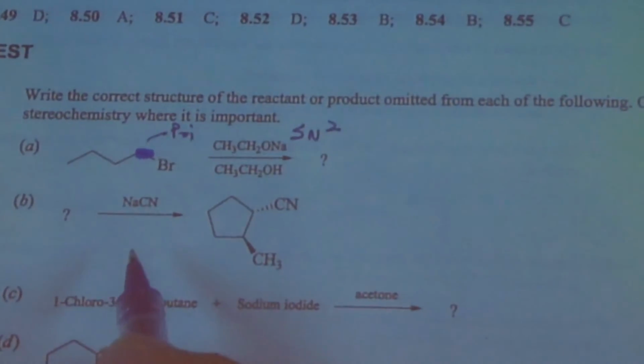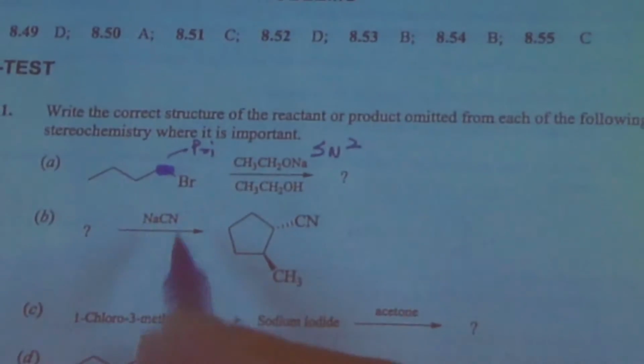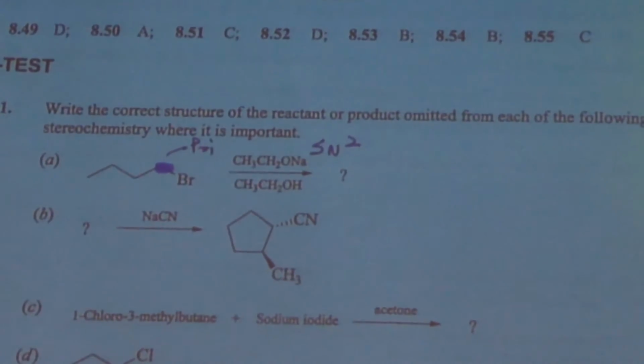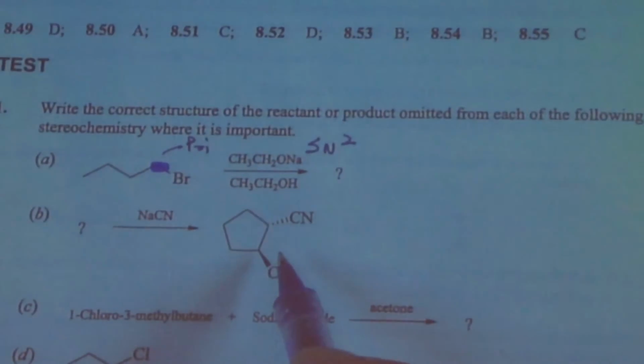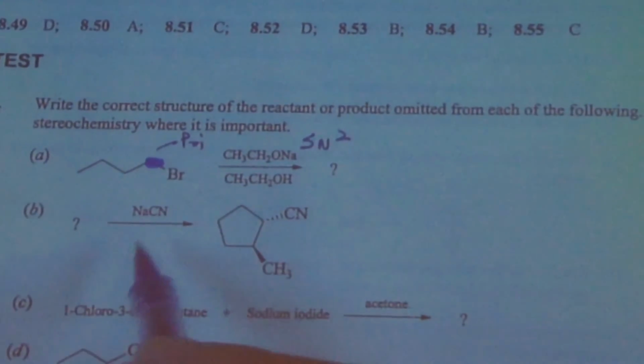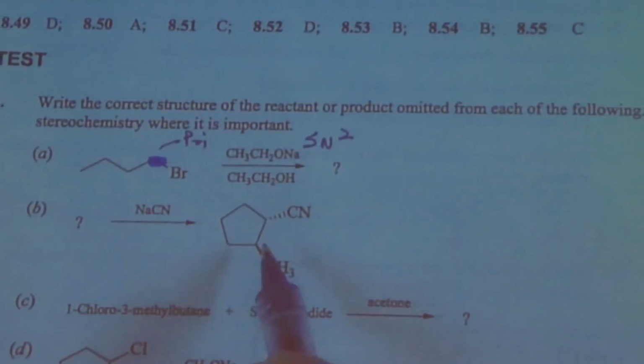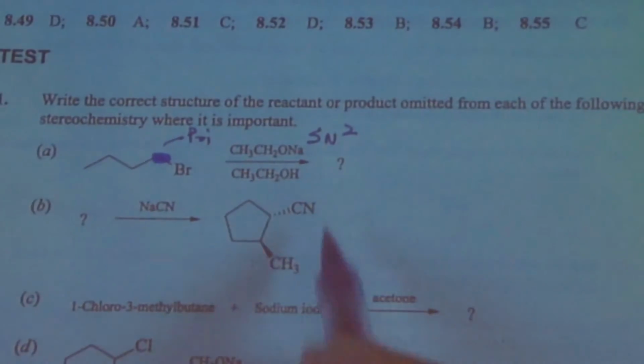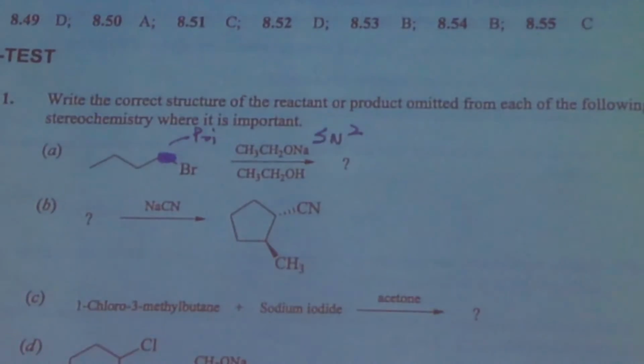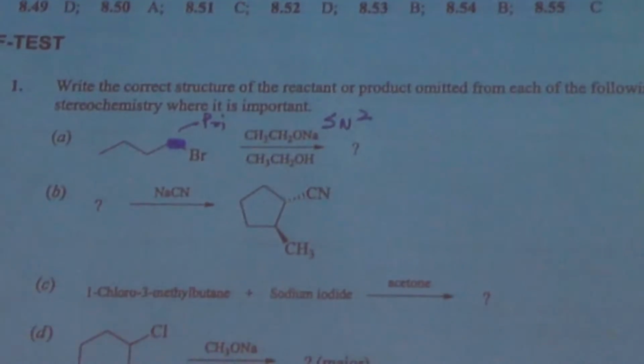The second one is using sodium cyanide as the reagent and forming this. Because it's a good nucleophile, we would assume that the starting material will have something that has a good leaving group. You can make an iodide or bromide.